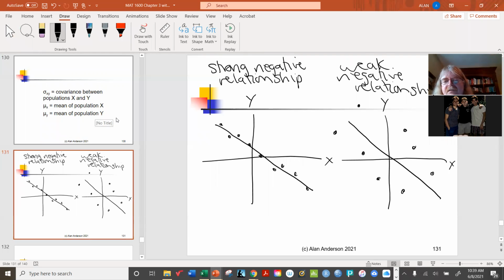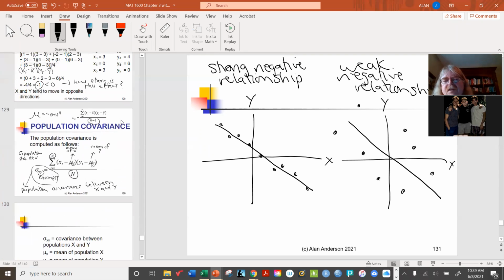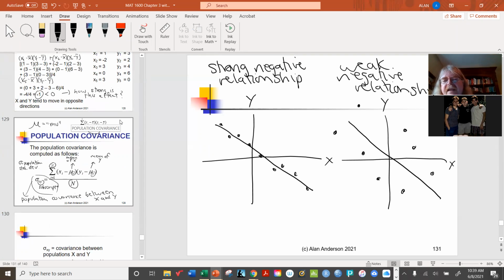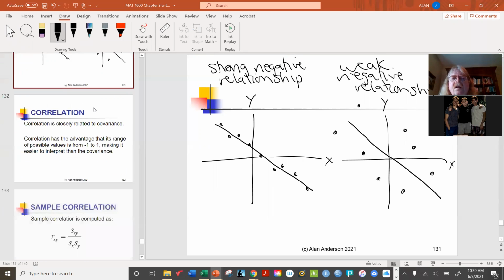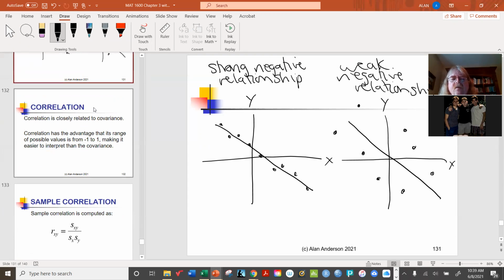The answer is you can't tell. All we know is that the covariance is negative. We can't be sure whether it's a strong negative relationship or a weak negative relationship. So the covariance doesn't really give us any useful information about the strength of that relationship. So that's one reason why we normally prefer to use the correlation instead of the covariance.